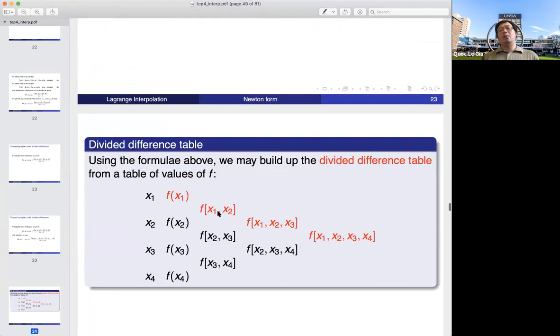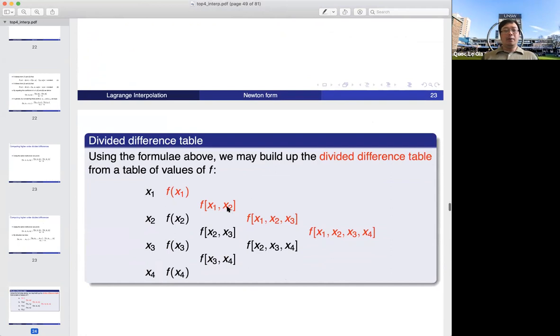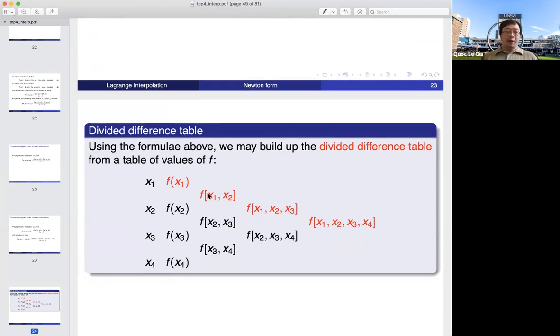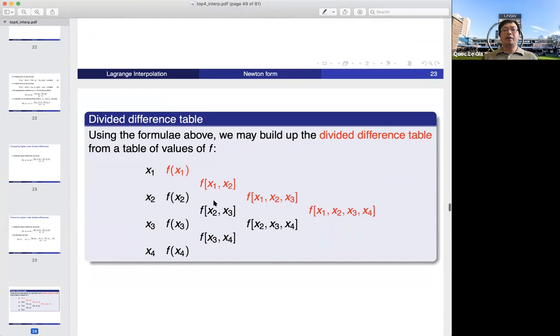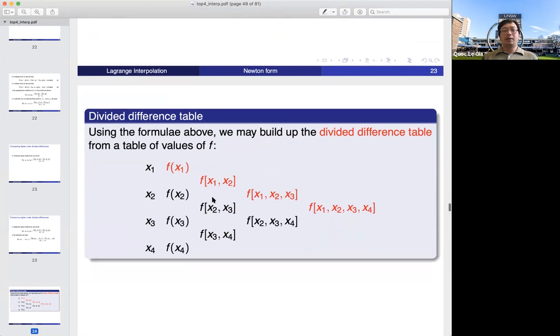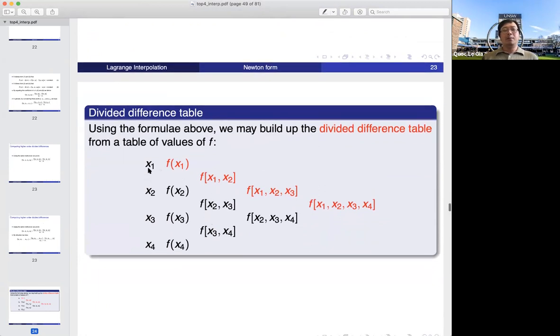Now, actually, the formula looks a bit complicated, but in practice, it's very easy to compute the divided difference table. I will show you the example. So first, you make a column, x1, x2, x3, x4. And then the second column is f of x1, f of x2, f of x3, f of x4. And you see this divided difference over 2 points, you just take f of x2 minus f of x1 over x2 minus x1, and so on.